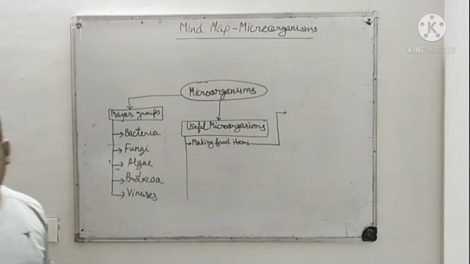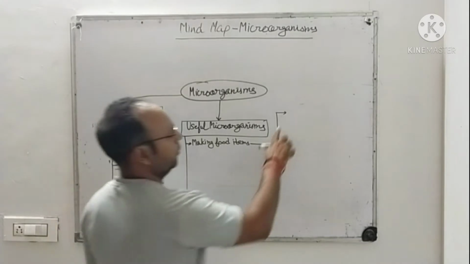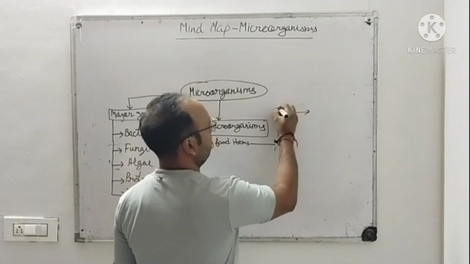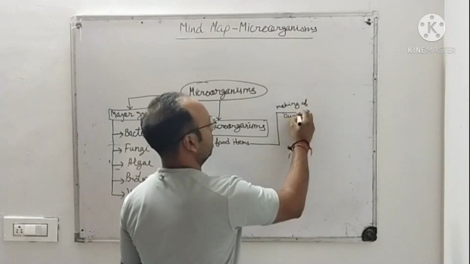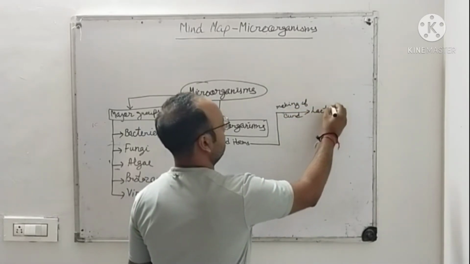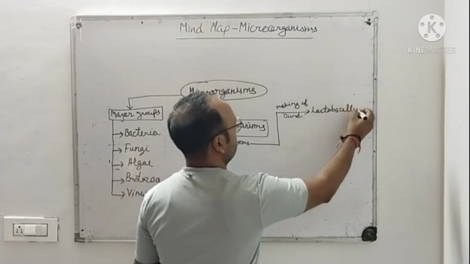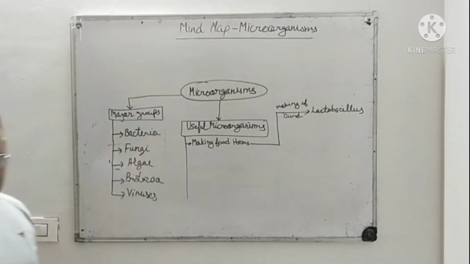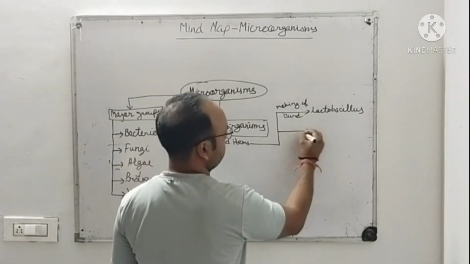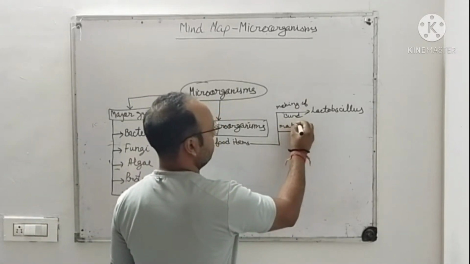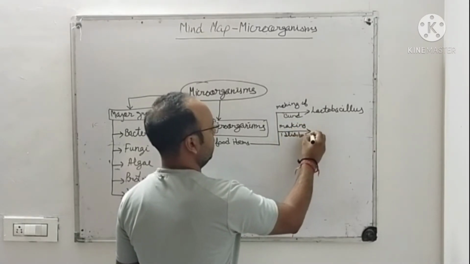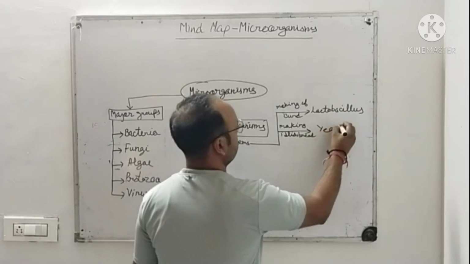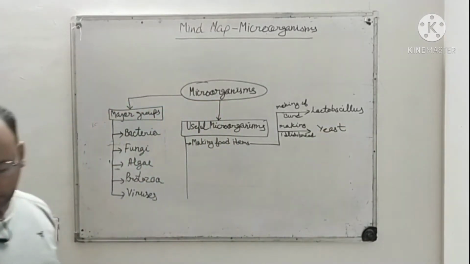So in food items, first the major one is lactobacillus. It helps in the making of curd. Next we have making bread, idlis, that is yeast, which we have already discussed.